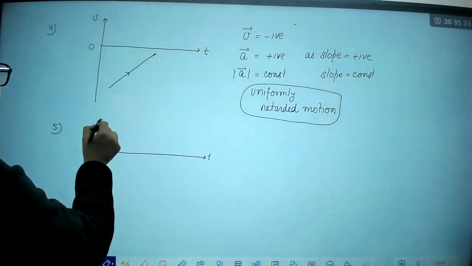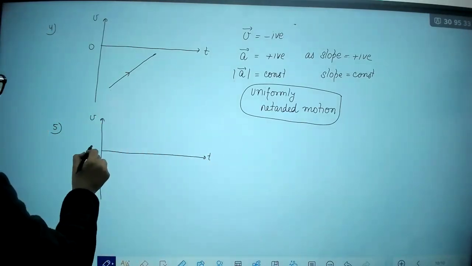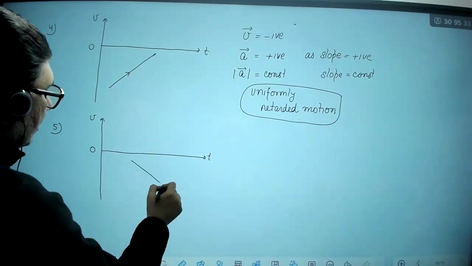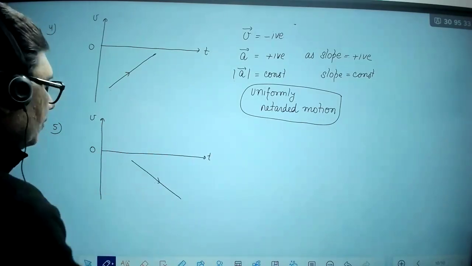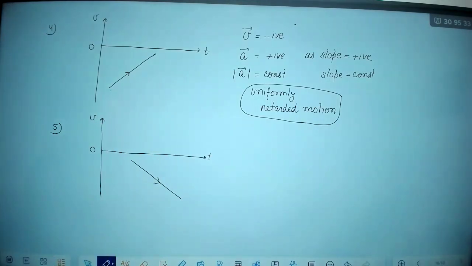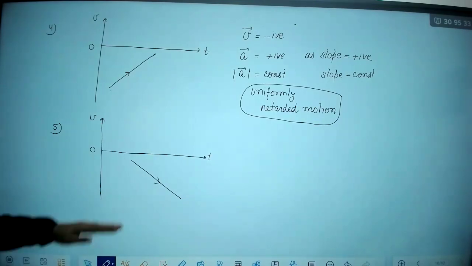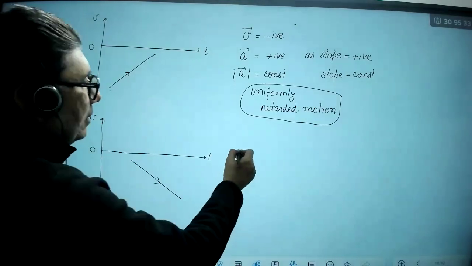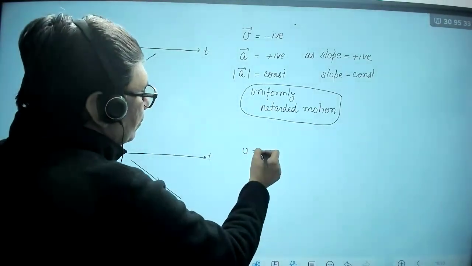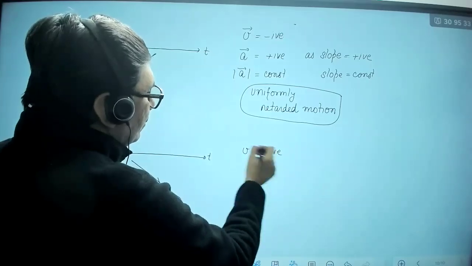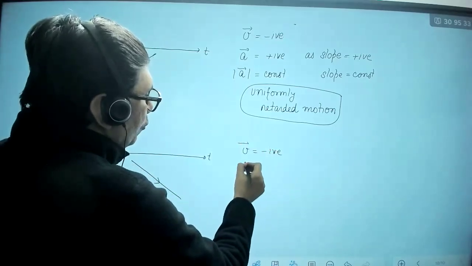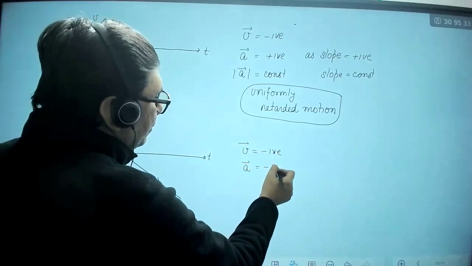This is time t, this is v, this is 0, and it is like this. So what is velocity? Velocity is negative. If you look at acceleration, slope is negative, so this will be negative.